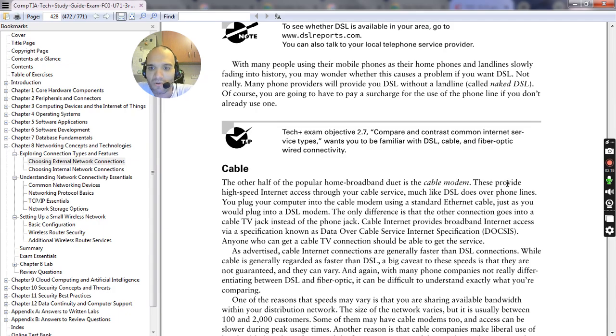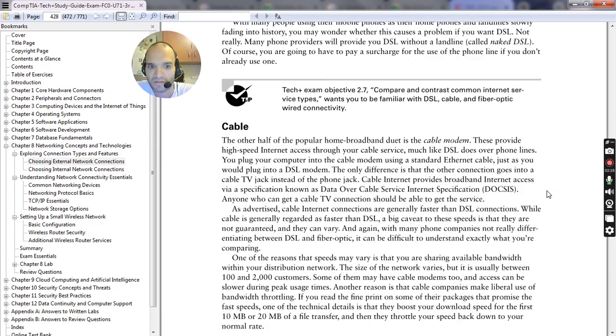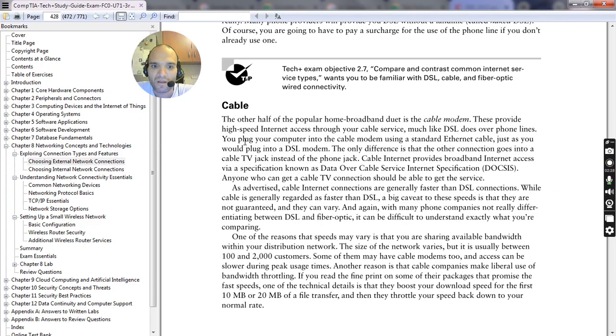The cable modem provides high-speed Ethernet access through your cable service, much like DSL does over phone lines. You plug your computer into the cable modem using a standard Ethernet cable, just as you would plug into a DSL modem.